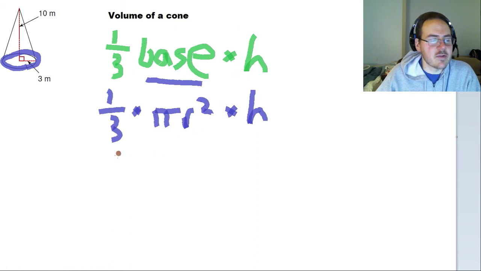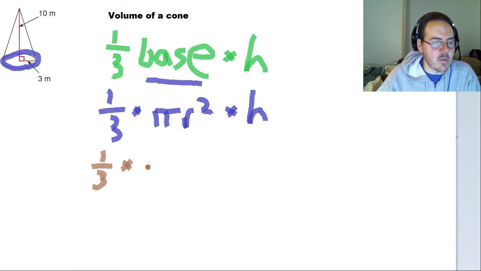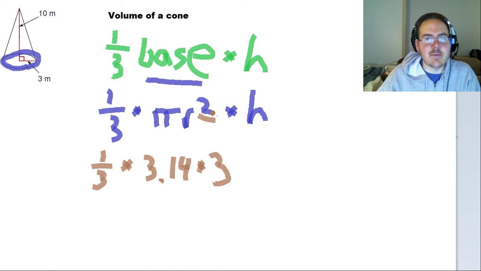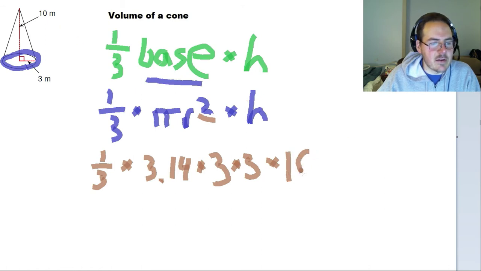So let's just replace those values. 1/3 is still 1/3 times pi, which is 3.14, times our radius, which is 3. But we got an exponent, so we have to multiply it twice. Times the height, which we have is 10. So 1/3 times 3.14 times 3 times 3 times 10.